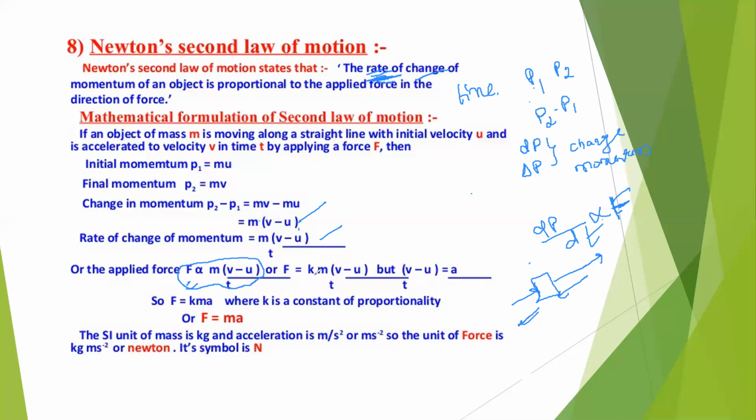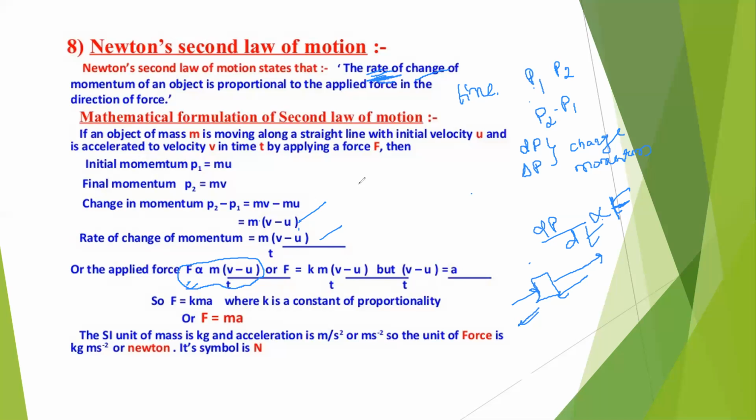Here the proportionality constant is k. So F is equal to k into bracket m into bracket v minus u divided by t, where k is called the proportionality constant.